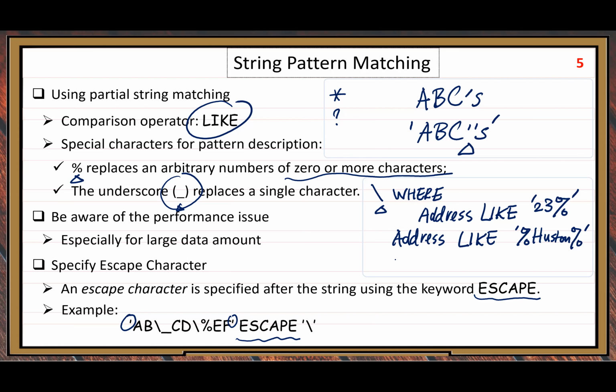Let me give you a third example. Address like: start with A, zero or more characters, then match B in the middle, zero or more characters, and at the end, C. That's partial matching, pretty easy.